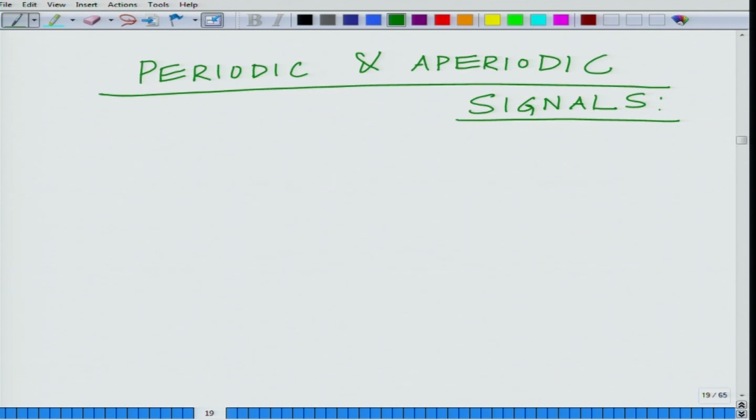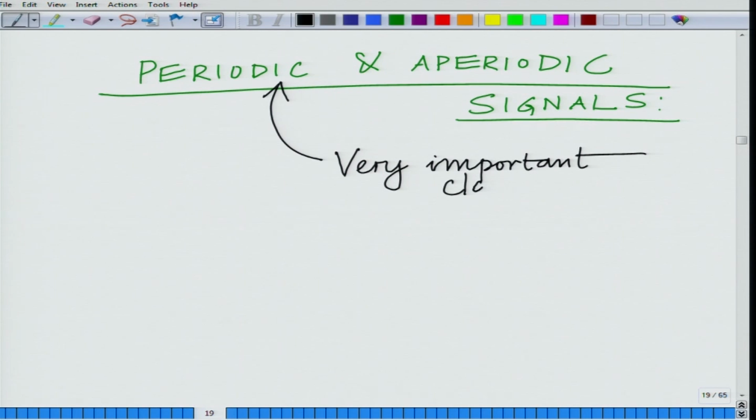Again, this is a very important classification.